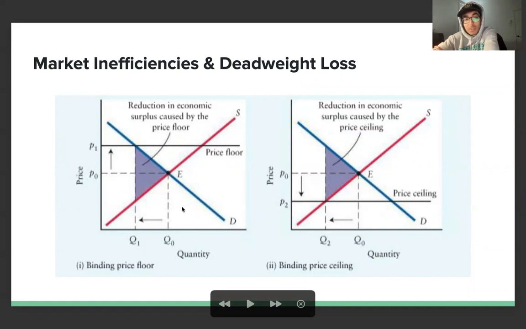That's the whole economic surplus when the economy functions on point E. But since there's a cap on the price, we're not able to function on point E anymore. So here we function on Q1, here we function on Q2. So all of this surplus is not captured. And the part that's not captured is what we are not able to function on. So we are not able to function on Q0. So this region between Q1 and Q0 is the surplus that the economy is not able to capture. And that's what's called deadweight loss.